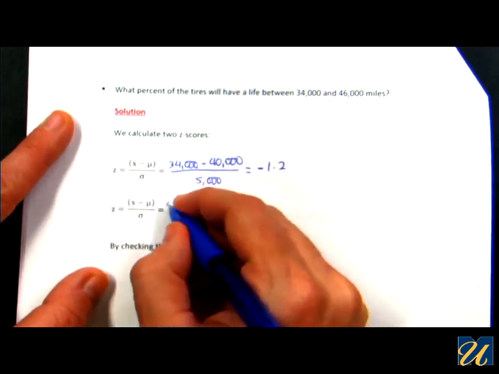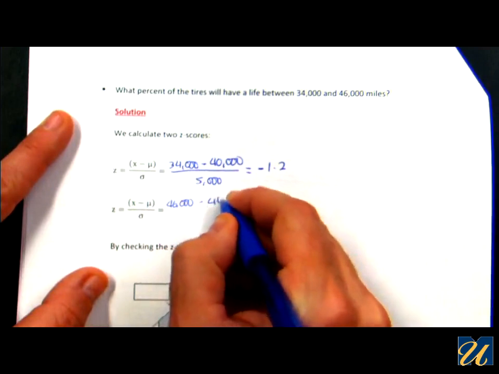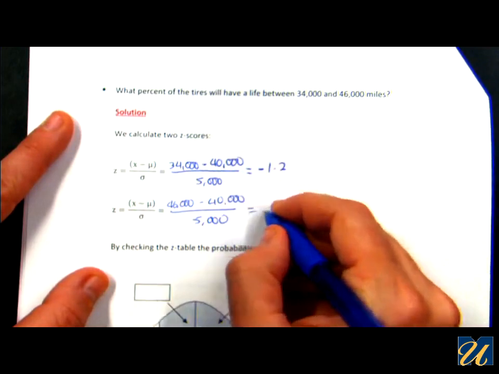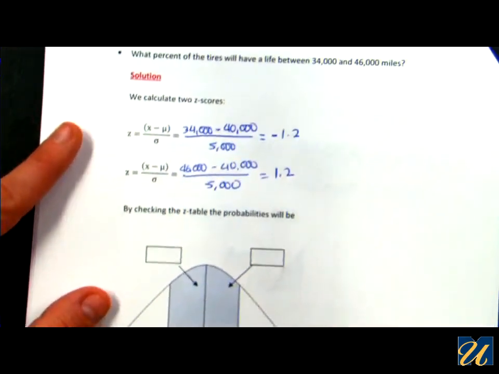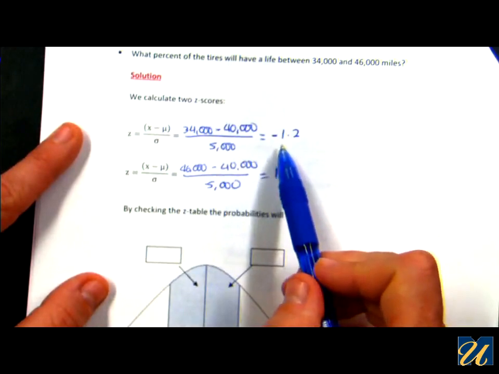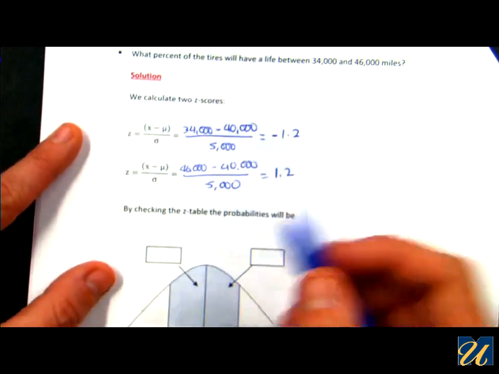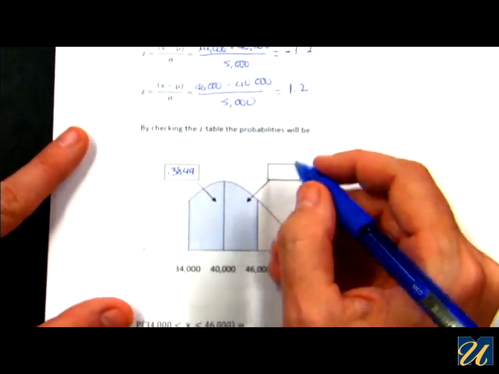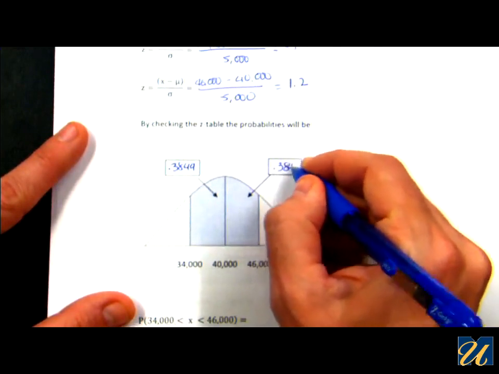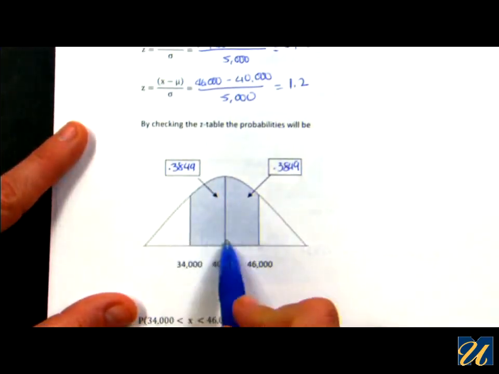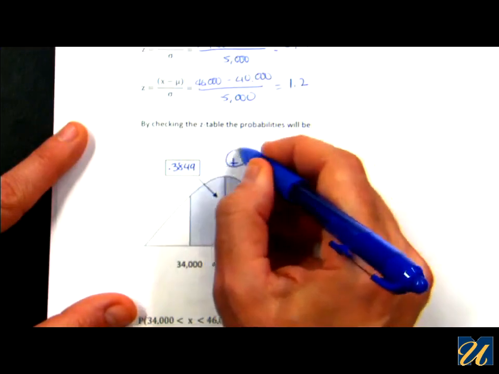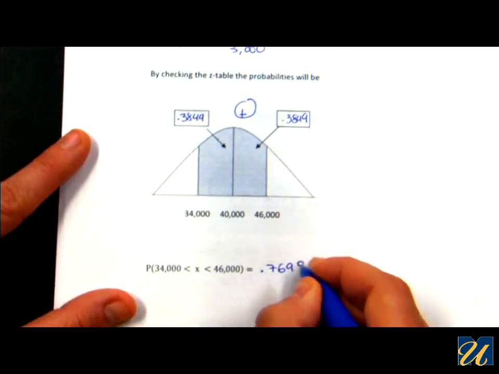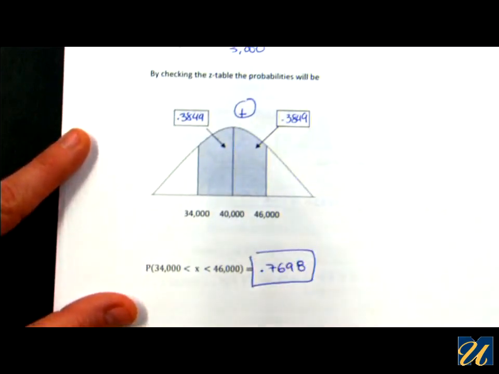The z-score for 46,000 is going to be 1.2. When we look at the z-score 1.2, the corresponding probability is 0.3849. The same on the other side, 0.3849. And to find the whole area, I simply add the corresponding probabilities. So this probability will be equal to 0.7698.